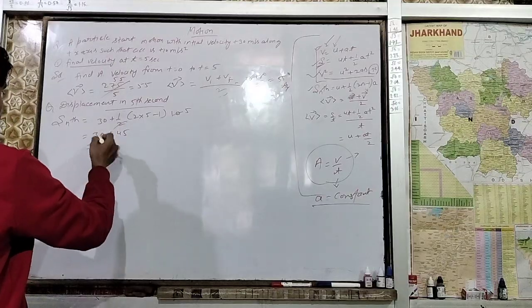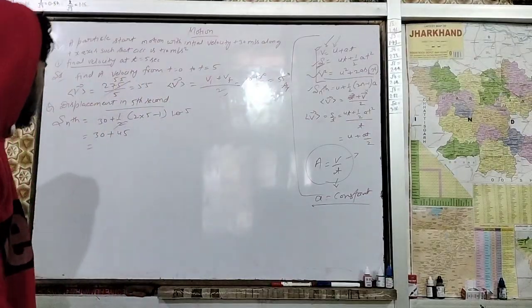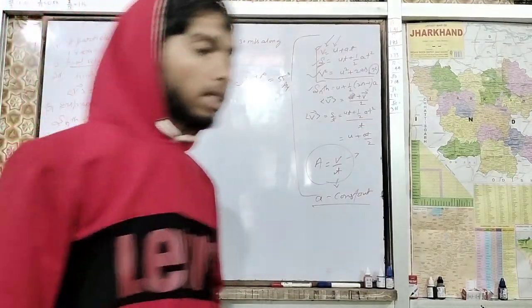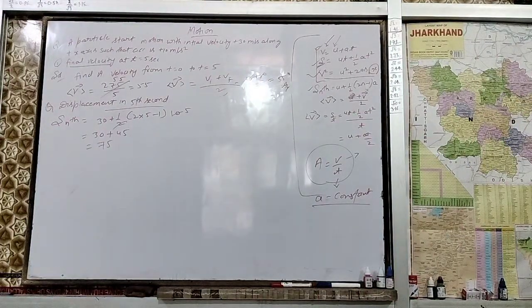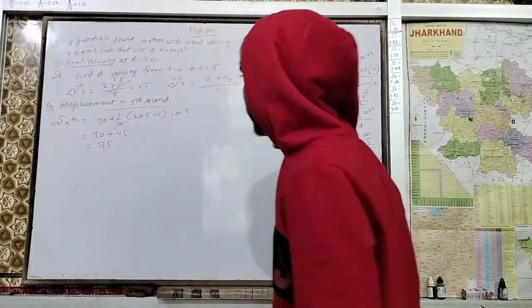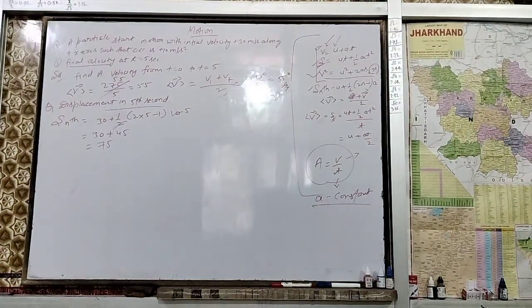So our total displacement came out as 75 in the fifth second. In 1 second, our total displacement is 75.